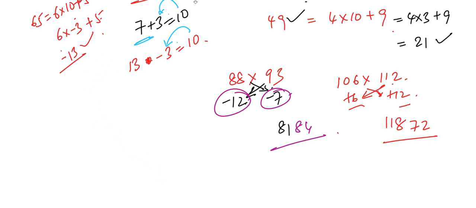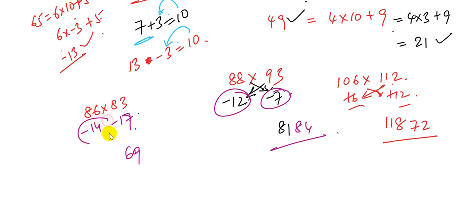Now, what will you do in this case? 86 into 83. This is minus 14, this is minus 17. The first part will be 83 minus 14, which is 69.